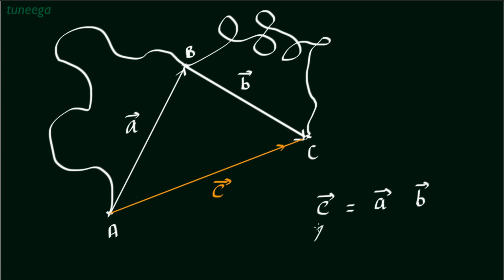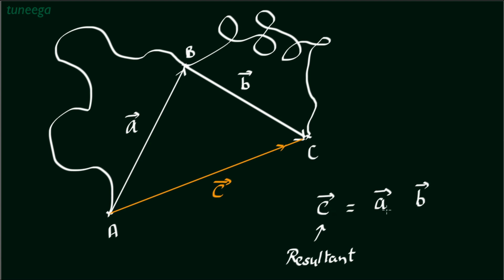So what is C called? It's called the resultant. The resultant is the word we use to mean the result of displacing by A followed by displacement of B.